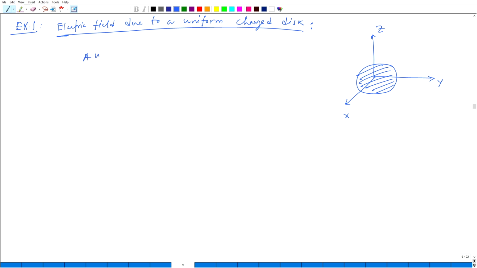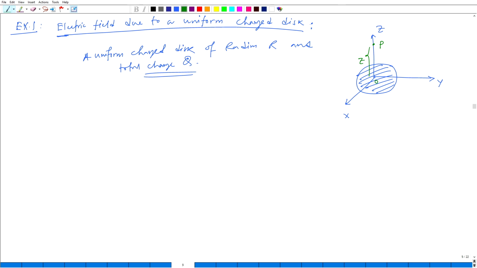A uniformly charged disc of radius r and total charge capital Q. We calculate the electric field at a point P, at distance z from the origin. How to calculate?